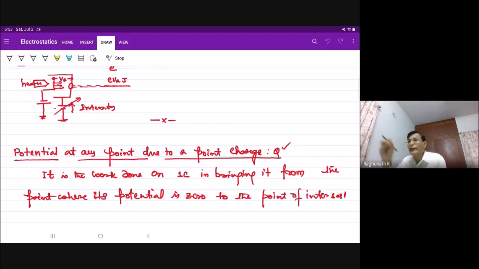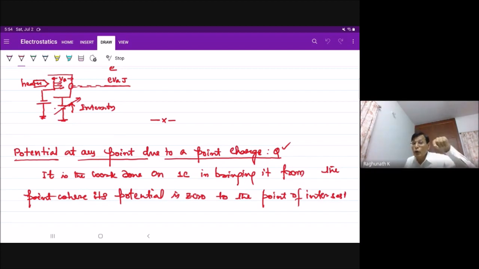If I keep an object at a particular point in the region, if it stays there only without moving, we say its potential energy is 0, freely kept without any support. If you just leave it, it should be there only. That is the 0 potential point. Any point where, when I keep the charge, it starts moving, is the non-zero potential point.